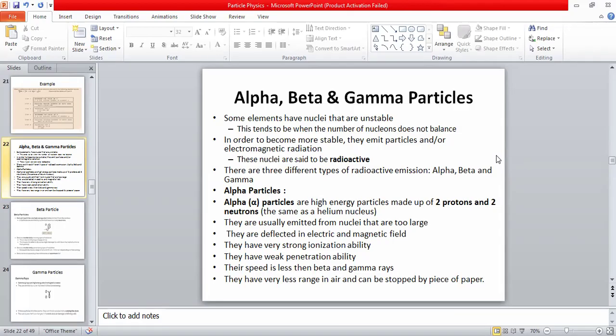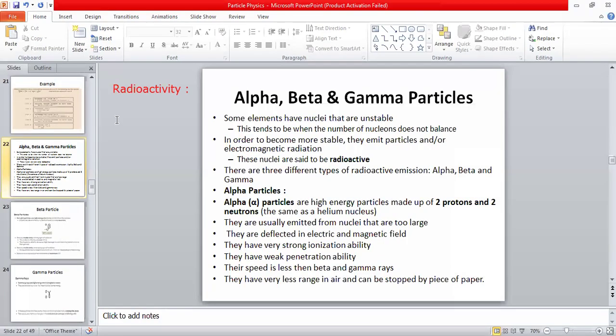Yes, nuclear decay happens in radioactivity. I haven't written its definition here, but let me recall it. Naturally, on this earth or in this universe, there are certain elements which have unstable nuclei.